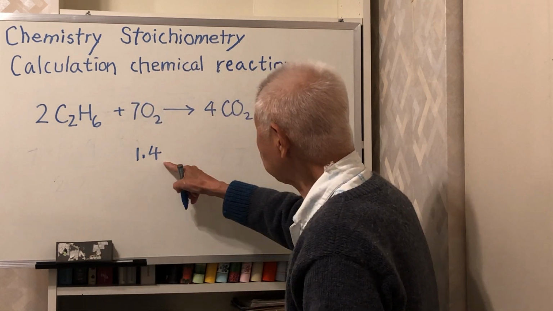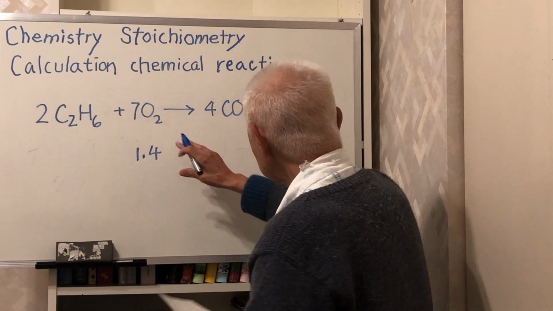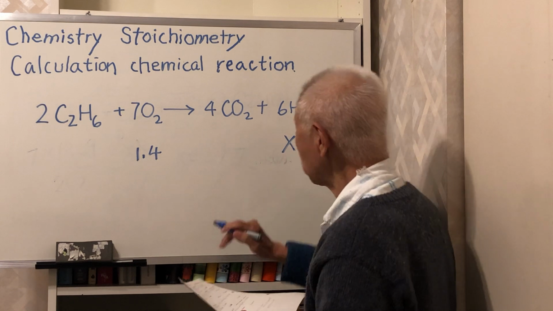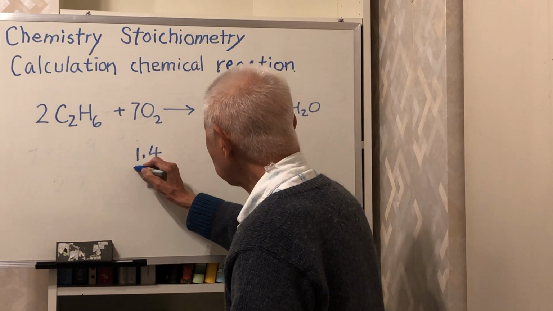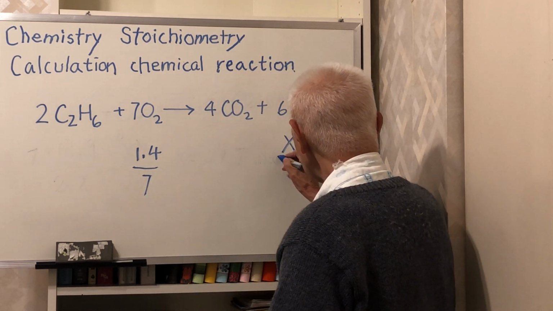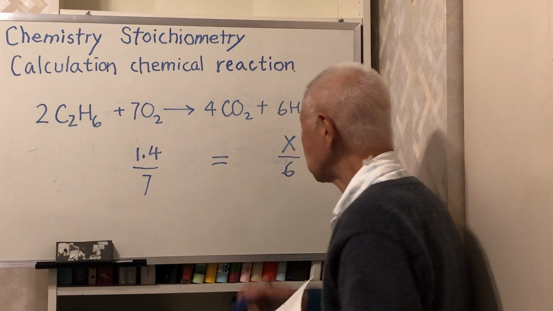I have 1.4 moles of oxygen there and react with ethane. How many moles of water will I produce? Same as before, write the 7 below 1.4 to the ratio, write the 6 below x to the ratio, and let these two quantities equal to each other.